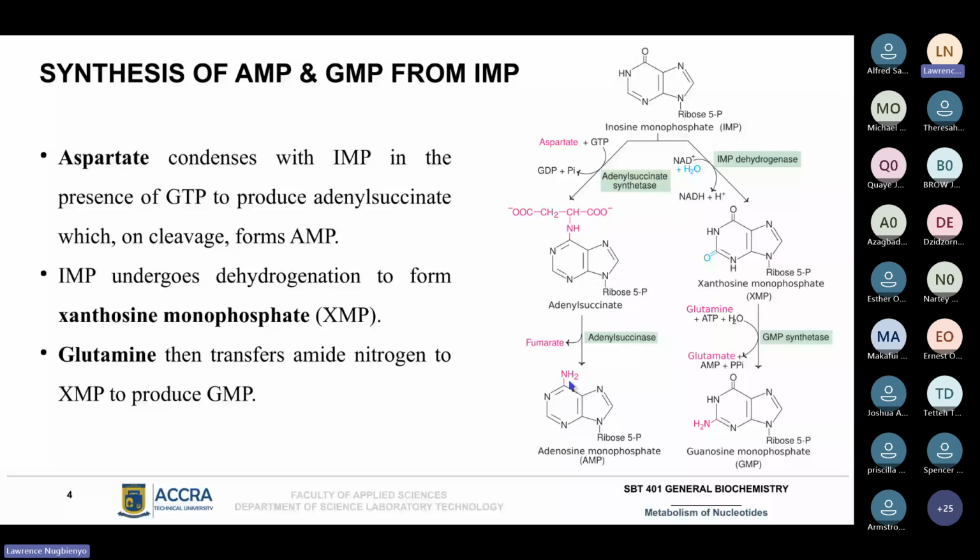And remember, all of this is occurring on the ribose 5-phosphate sugar. So the ribose 5-phosphate sugar is already bonded to this, so it's just a replacement of the oxygen with an amine group, which then gives you adenosine monophosphate.